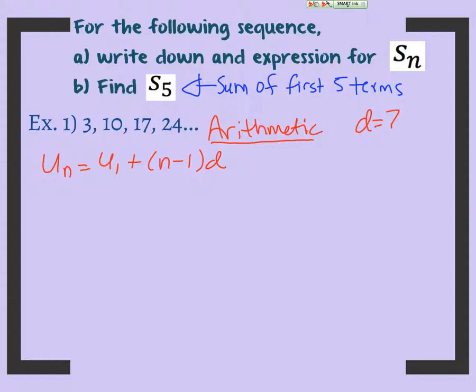Now that we have this, we can plug in the common difference. We can plug in our first term. That first term is 3. And after we simplify that, then we'll have finished part A. So then I've got 3 plus n minus 1 times 7. So I end up with 7n minus 4.